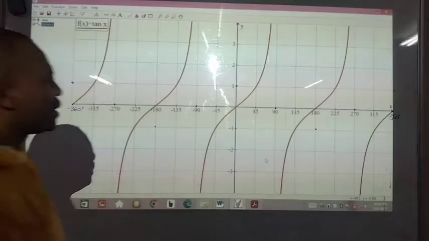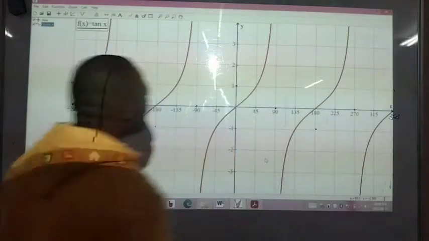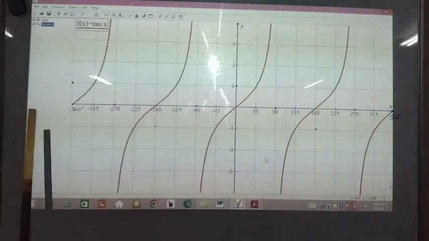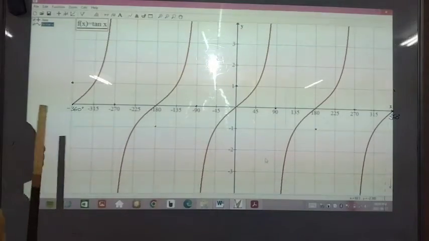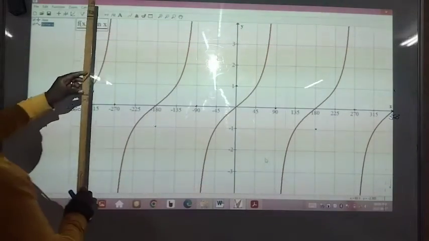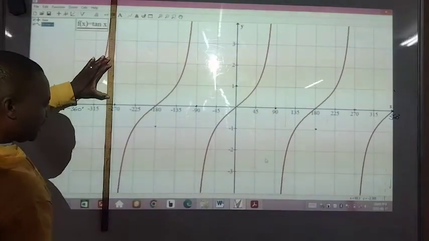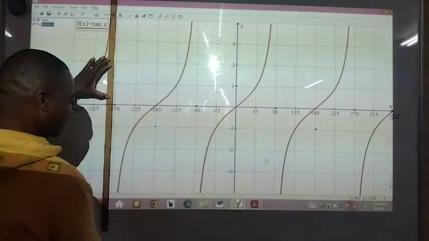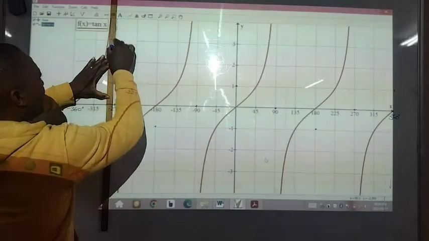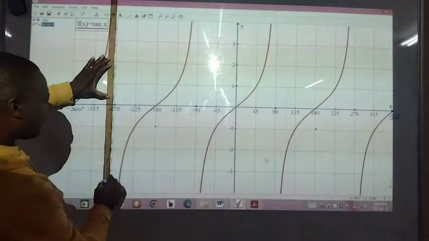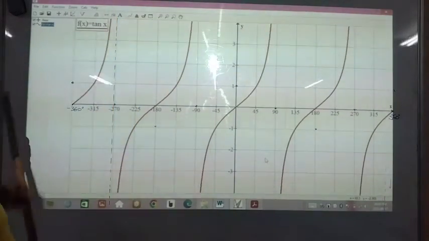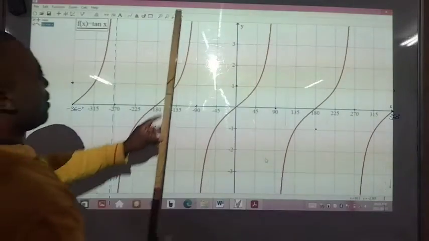All right, you will notice that the graph of tan is completely different. When you did this in grade 10, you noticed that at negative 270 the graph of tan is not defined, and hence you have an asymptote there.